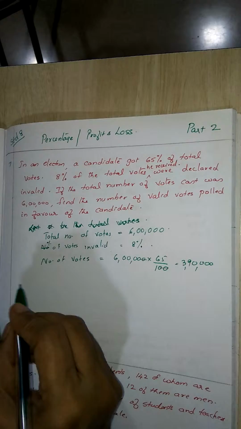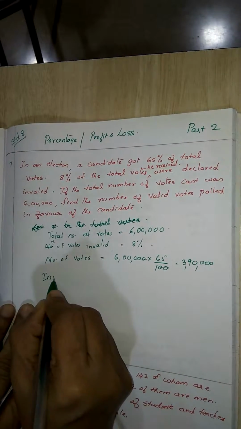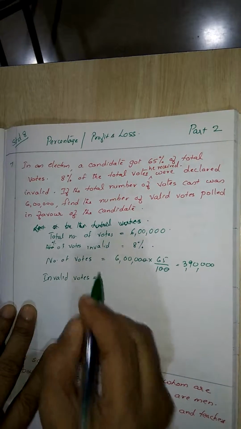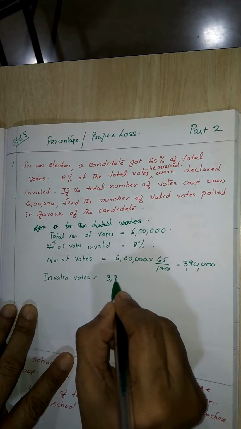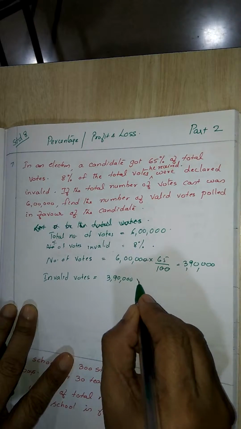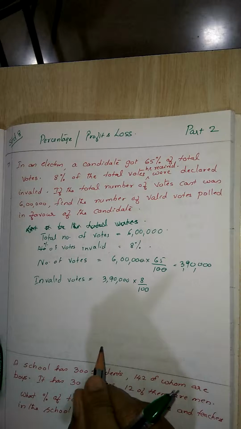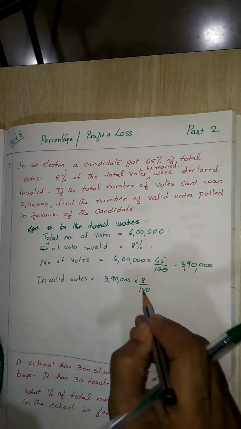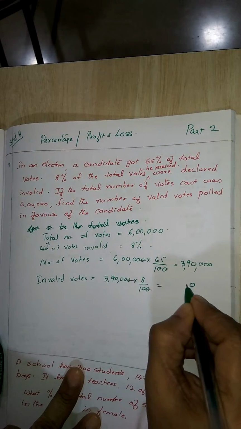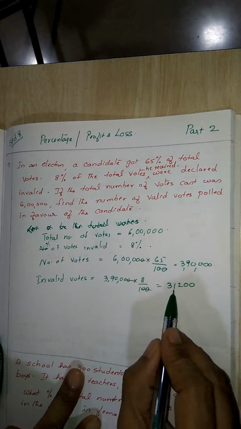Out of that, 8% of the votes were declared invalid. So 8% invalid votes is equal to 3,90,000. See, 8% of the total votes he received. So into 8 by 100. So you will get 31,200 votes.